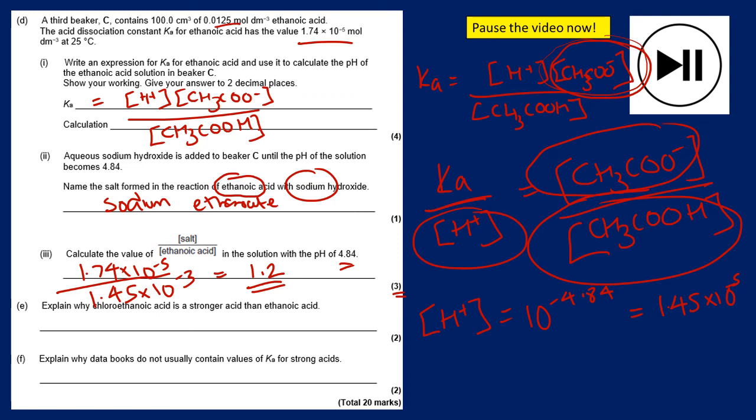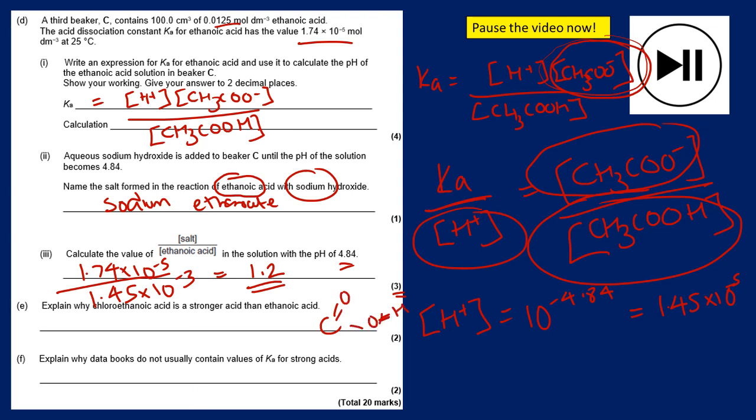Okay, explain why chloroethanoic acid is stronger. We saw this earlier. The reason being that the chlorine is electronegative. It draws electrons towards itself. And what that does is the OH bond in the acid becomes more polar.